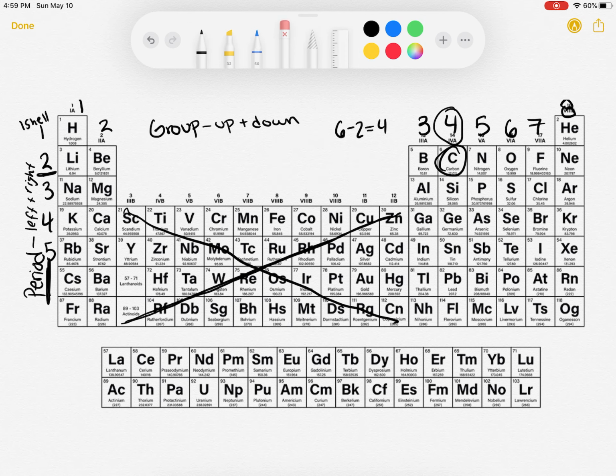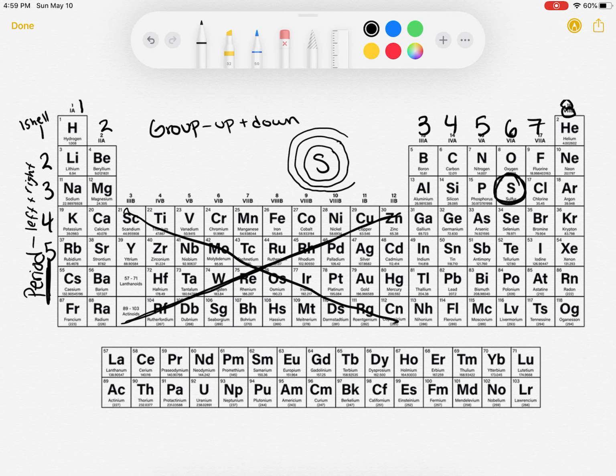Let's try a slightly bigger element to see if it works. Let's try sulfur over here. Now sulfur is in period 3. That means that it has 3 shells around it. Let me draw those. 1, 2, and 3. Now, if we were using the group system, we would say since it's in group 6, it should have 6 valence electrons. Let's see if that's right.